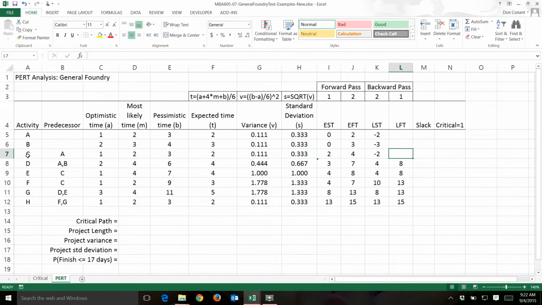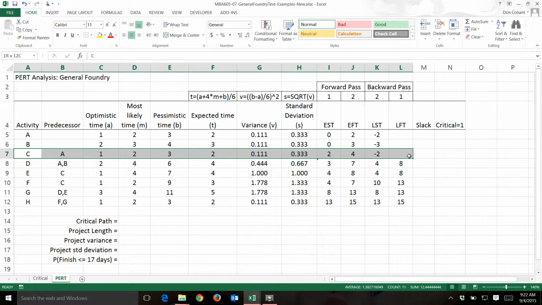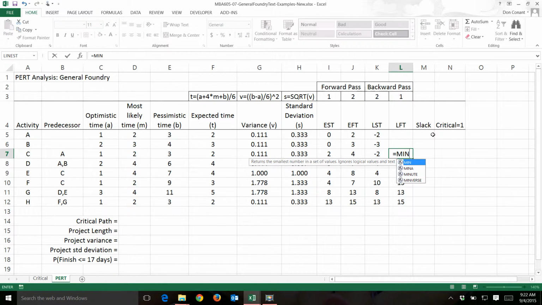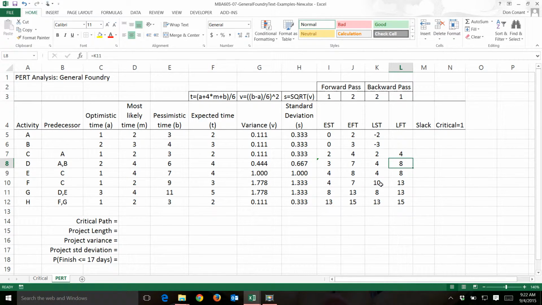Now I'm on activity C. Activity C precedes both E and F. I'm on the backward pass, so I use the minimum of the start times for activities E, F. All right.